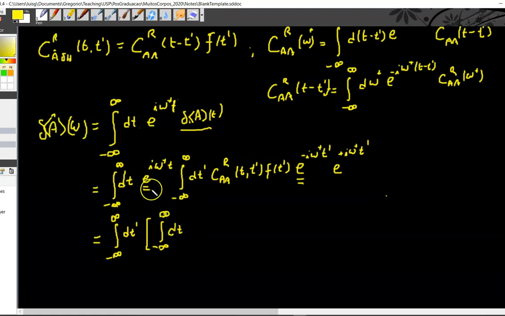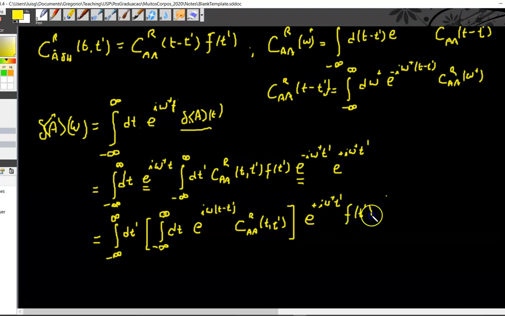I'm going to collect these e omega plus t, e minus omega plus t prime. This is going to be e to the omega t minus t prime, with the CAAR here, t t prime. So this is all for fixed t prime. Then I'll have this other one here, e to the plus i omega t prime times f of t prime.